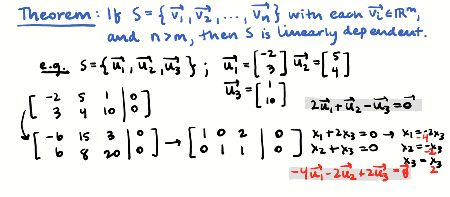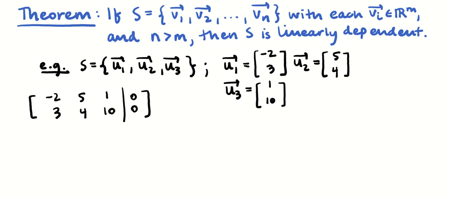Now, in general, if n is greater than m, then we're going to be looking at a homogeneous system with more columns than rows. And that's the reason why the theorem in blue up at the top of the screen is true.